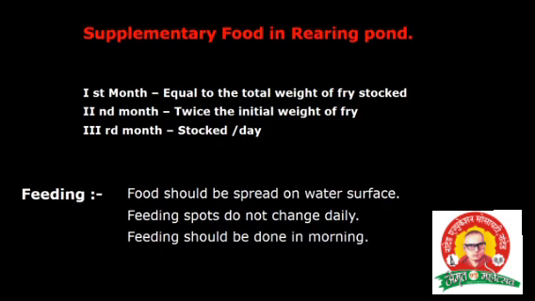This is scientists' research on Indian major carps about their food and feeding. Food should be spread on the water surface so they can easily catch it. The feeding spot should not change daily. Feeding should be done in the morning.